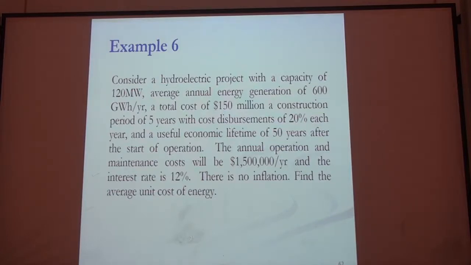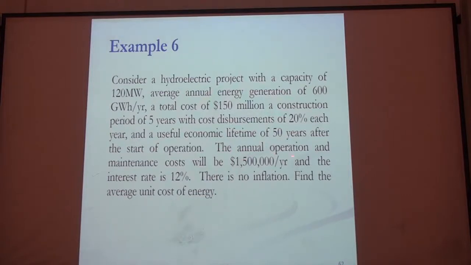Example 6: consider a hydroelectric project with a capacity of 120 megawatt, average annual energy generation of 600 gigawatt hours per year, at a total cost of $150 million, a construction period of 5 years with cost disbursements of 20% each year, and a useful economic lifetime of 50 years after the start of operation.